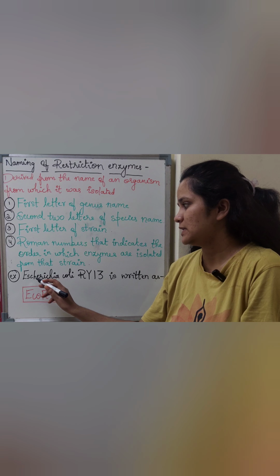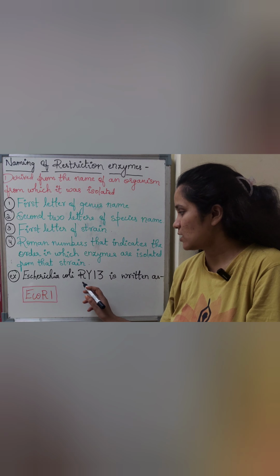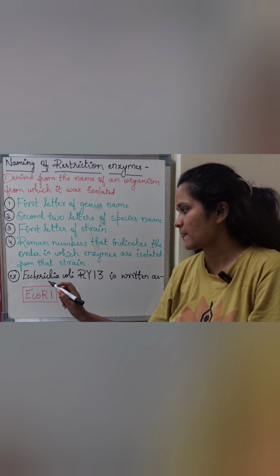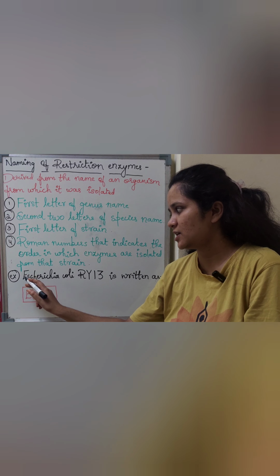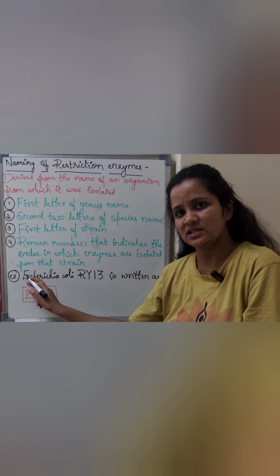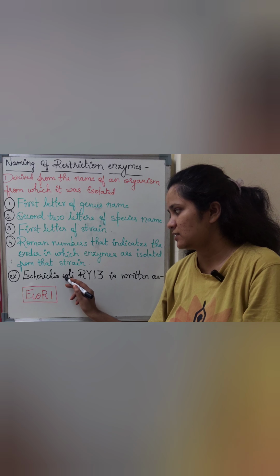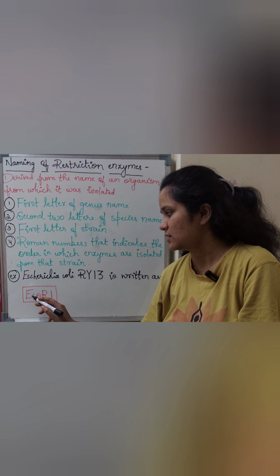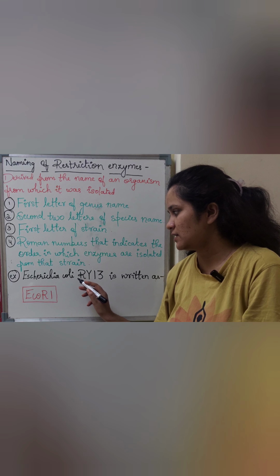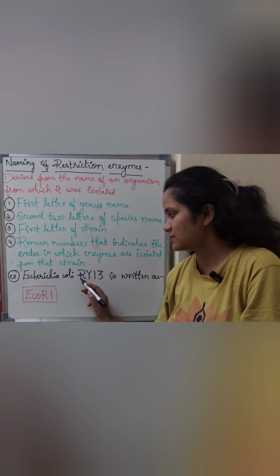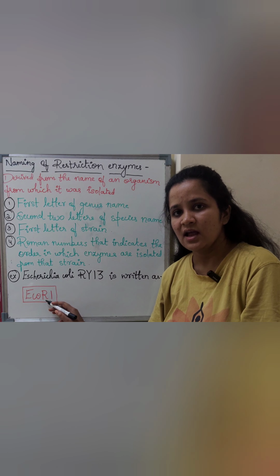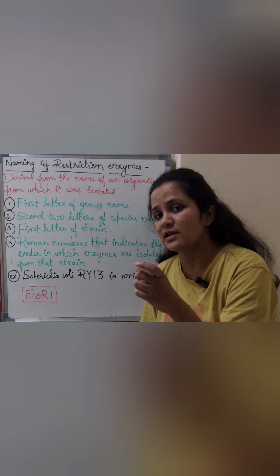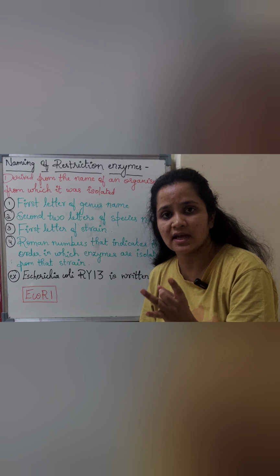For example, if you see Escherichia coli, RY13 is the strain of Escherichia coli that we have taken here. From Escherichia we extract E, the first letter of the genus name. Then from coli we extract the first two letters, that forms CO. Then this strain's first letter is R. So we take R, and the Roman numeral for the order in which the enzyme was isolated, whether first, second or third.